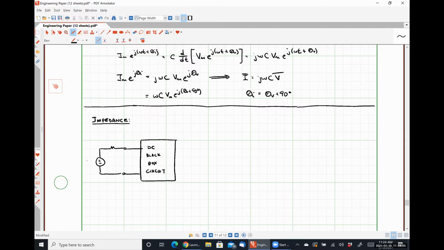So this is going to be VS, and this is RS, I'm just treating this as a practical source for all intents and purposes.